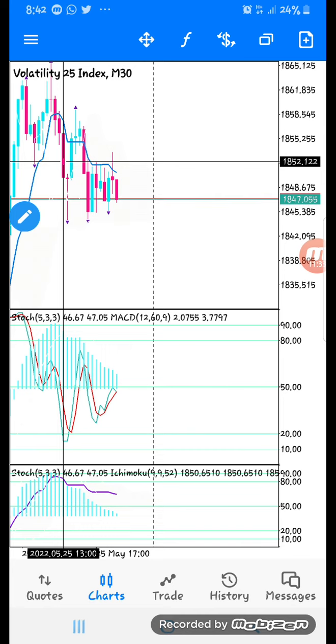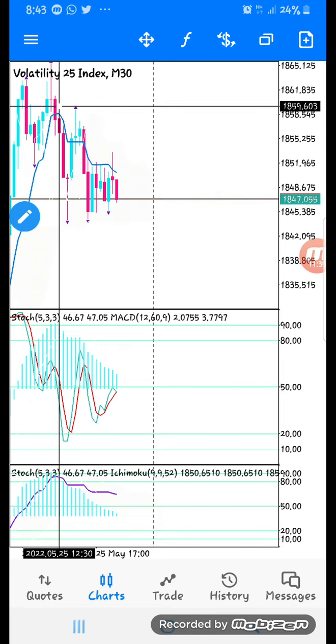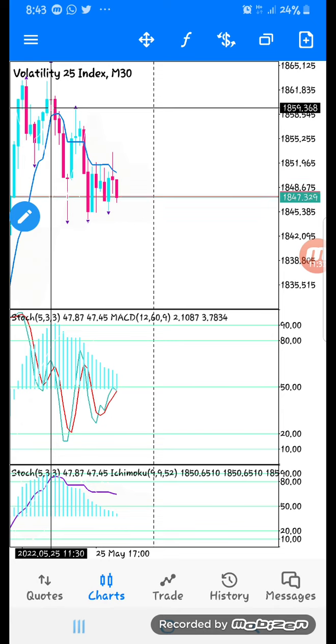You make your profit. When you place your sell, you put your stop loss above the previous candle, and then hold the market. When the next candle closes in profit, you bring your stop loss to break even, to the entry point. You understand? And then hold.